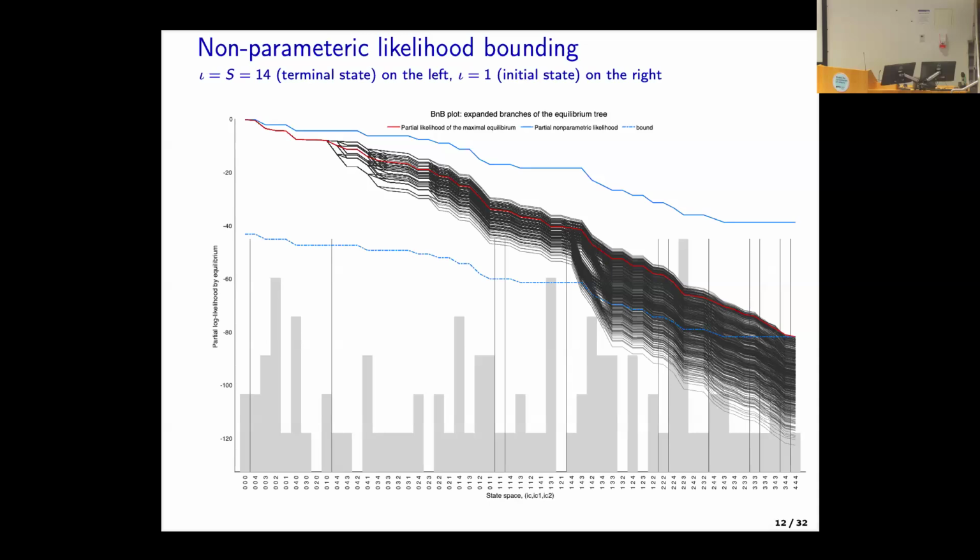And so all these black lines represent the computations that you would have to do in order to calculate likelihood for all equilibria. That's like the maximum amount of work. I traverse the tree everywhere, don't pay attention to the partial likelihood, to this branching and bounding function.